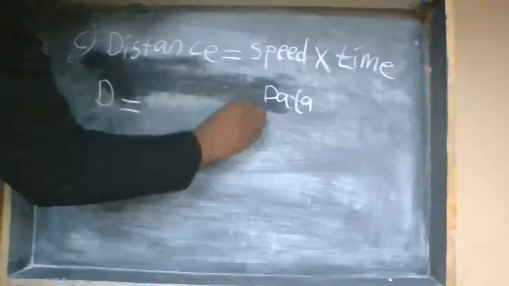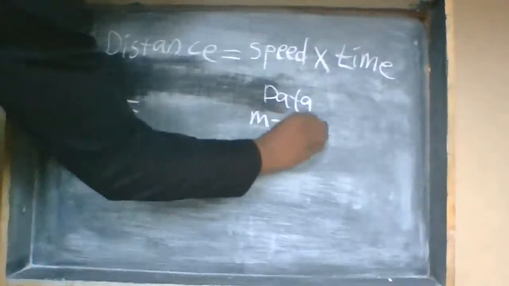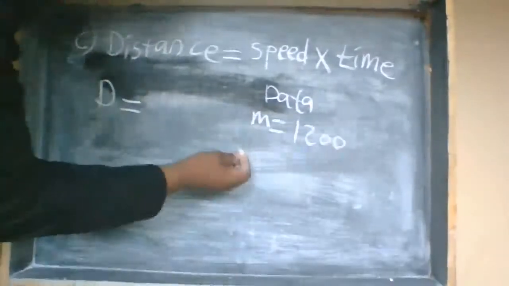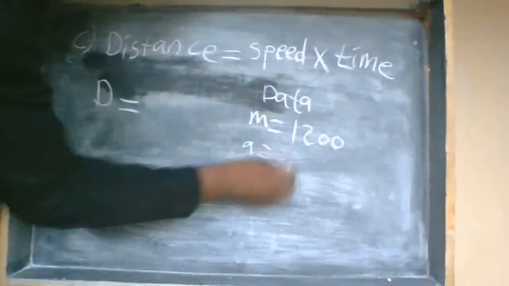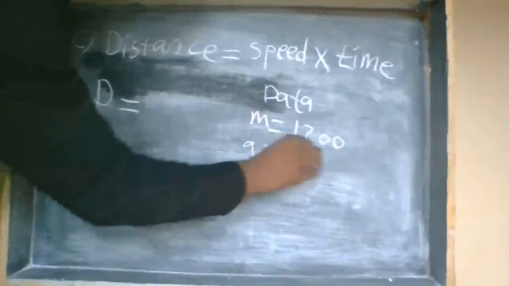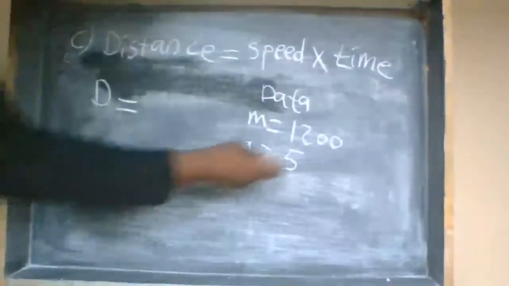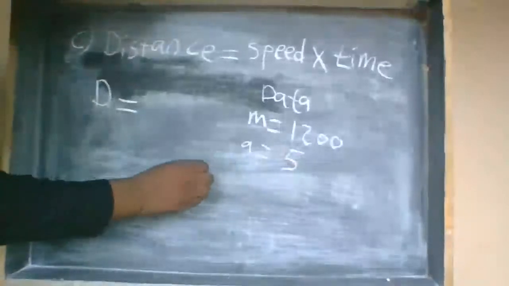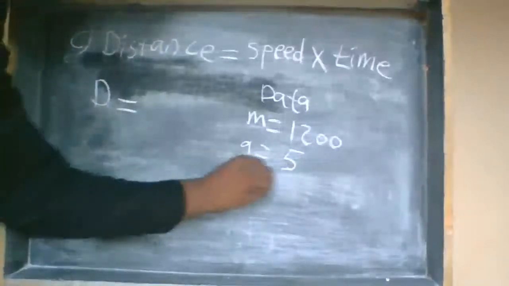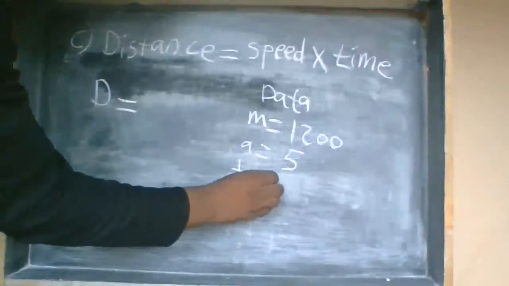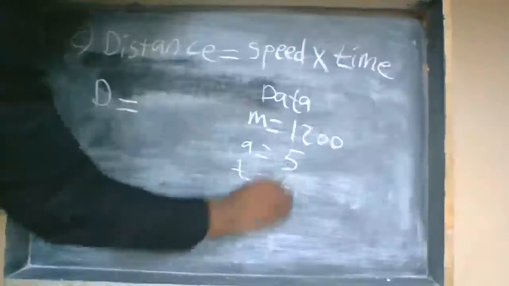Correcting the data again, mass was 1,200. Our acceleration was 5, which was in fact our deceleration of -5. And we were also given the time to be 4 seconds.